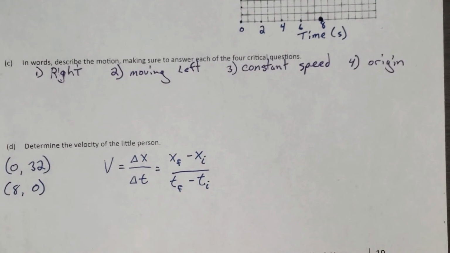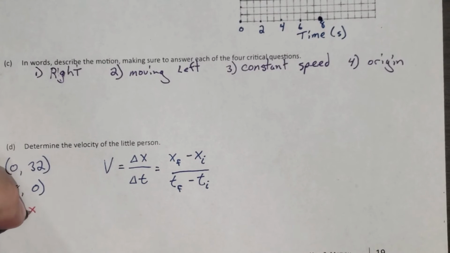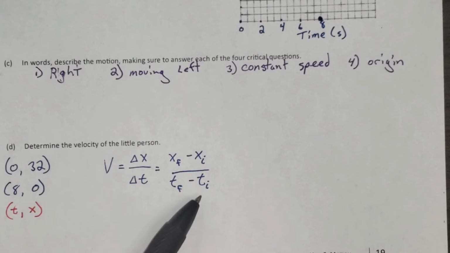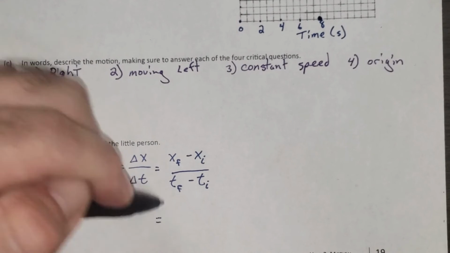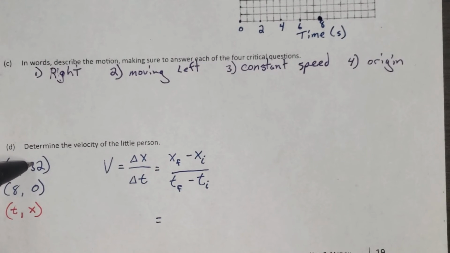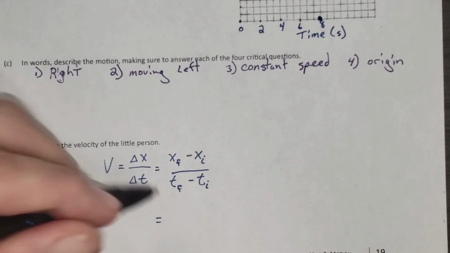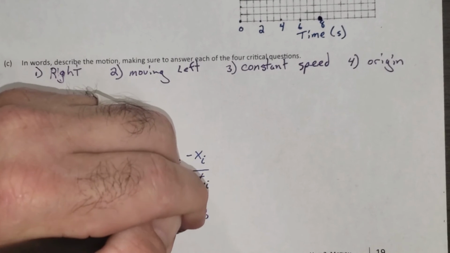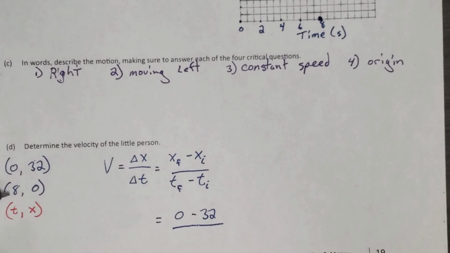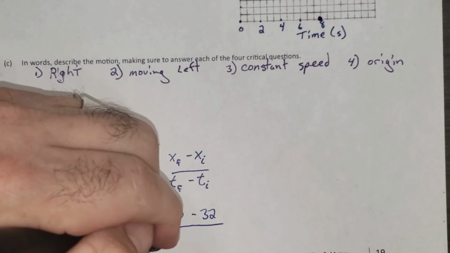Now, just as a reminder, when we're doing these, this is t comma x. That means that these values are x and these values are t. So when we plug these into our formula, we have 0 minus 32, final minus initial, so 0 minus 32 over 8 minus 0.